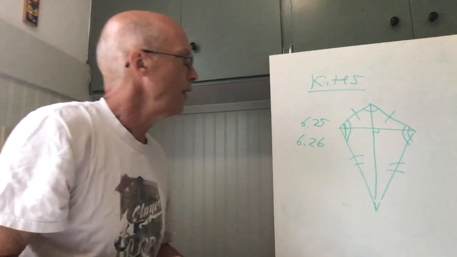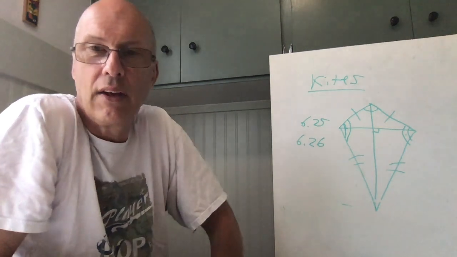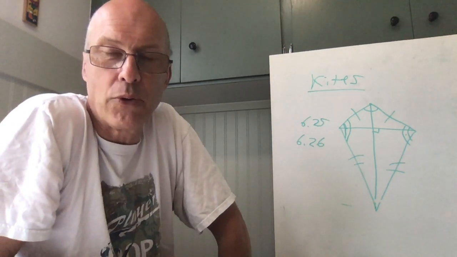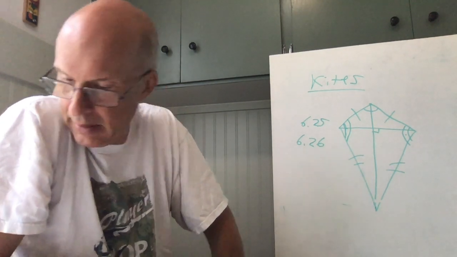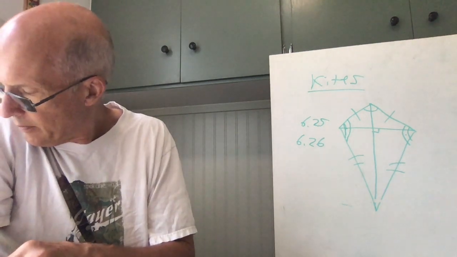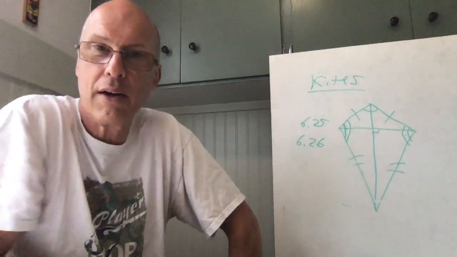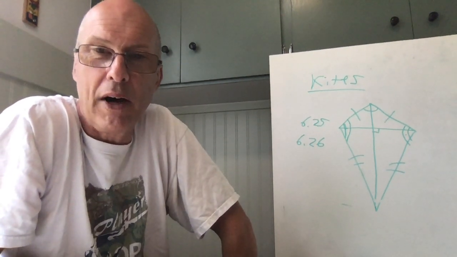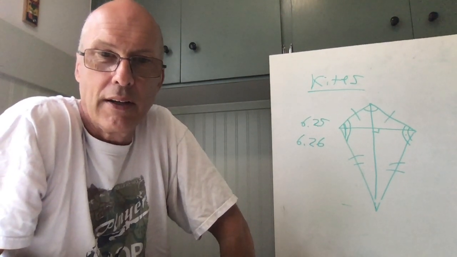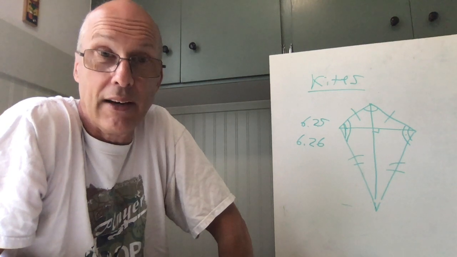Okay? So 626, there's going to be one pair of congruent angles in a kite. And that's it. I think we have it. We have finished off chapter 6, all about quadrilaterals. Congratulations, and get ready for your test.